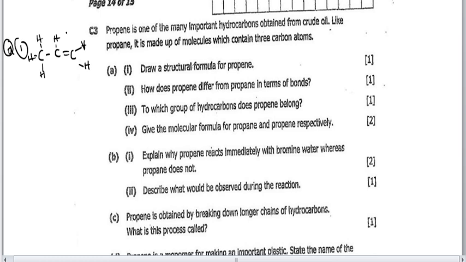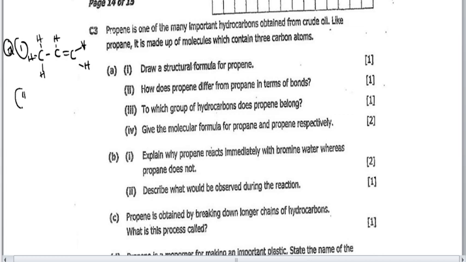How does propene differ from propane in terms of bonds? In terms of bonds, propene has a double carbon-to-carbon bond, whereas propane has got a single carbon-to-carbon bond. That's the difference. Let me show you.